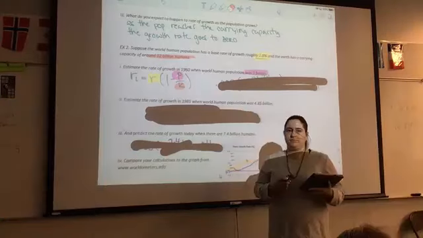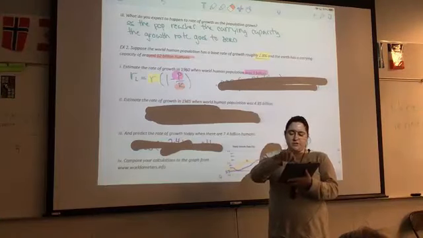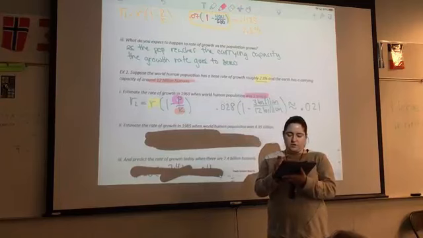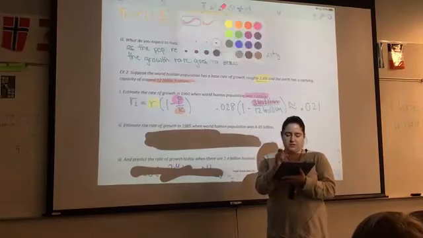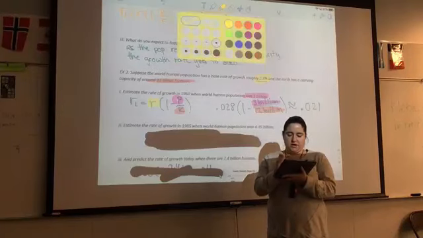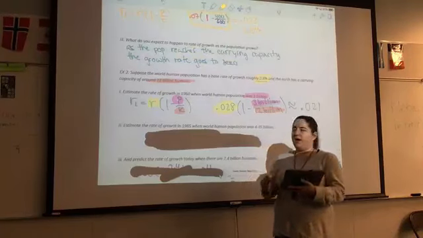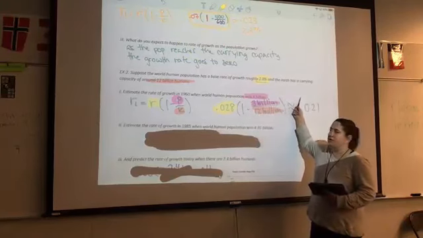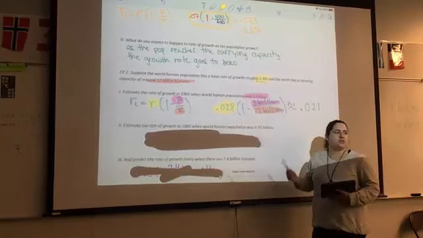Plug and chug. So here's what you should have plugged in. Okay, our current population, our carrying capacity, and our current rate. Now, could you type in 3 billion with all the zeros? Yes. Okay. Do you need to?